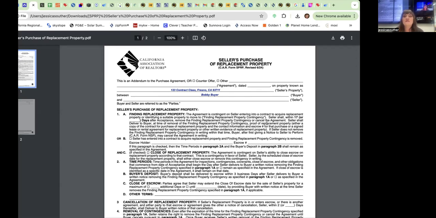Okay. Seller shall have 17 days to do this. That's the standard. You'll notice that there is a line right there where you can make that different. Depending on what's happening in the market, you can extend that if you think it's going to take them longer. If the market allows that, if a buyer would be willing to accept that, we don't know.